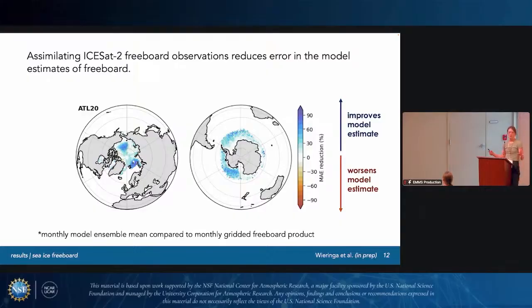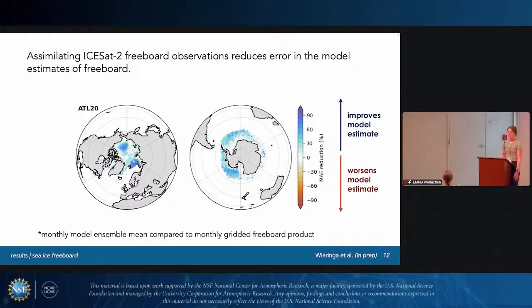You can see that in both hemispheres, we're doing a pretty good job in terms of reducing the error in our model's freeboard estimates, anywhere between 20 and 80%. This is a somewhat trivial result. You constrain a model with freeboard observations, you should improve your model's estimate of that observational quantity, but it verifies that our assimilation is working in the way that we intend it to.